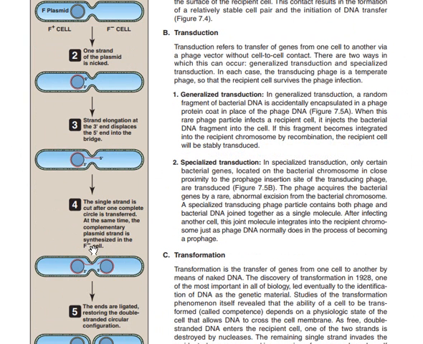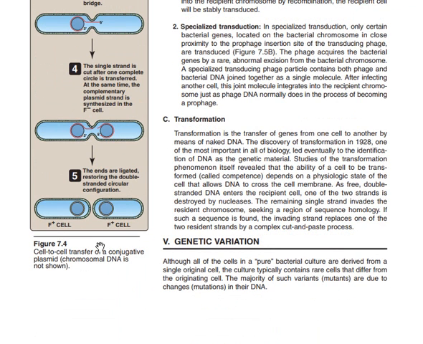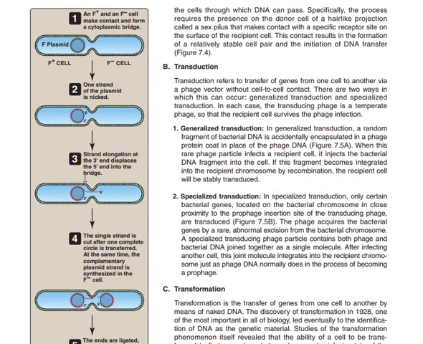Now the single strand is going to be cut after one complete circle is transferred. At the same time, the complementary plasmid strand is going to be synthesized in the F negative cell. What they are saying is that DNA replication normally occurs in the 3' to 5' direction, so it is going to elongate in that direction, though the 5' end is going to enter into the F negative cell.